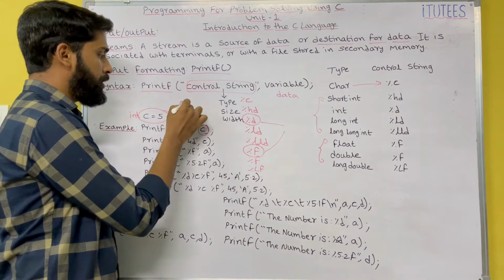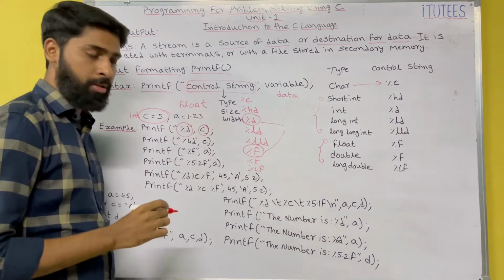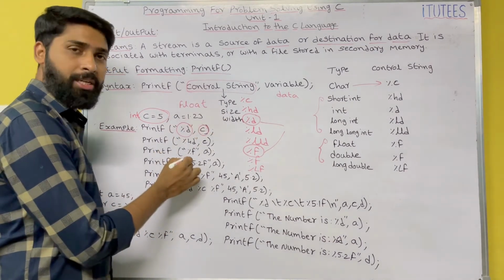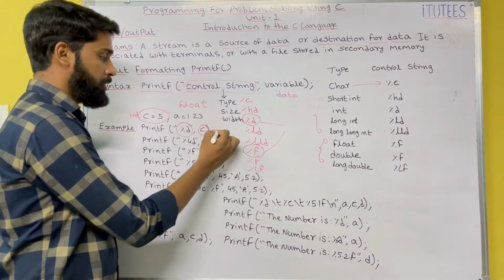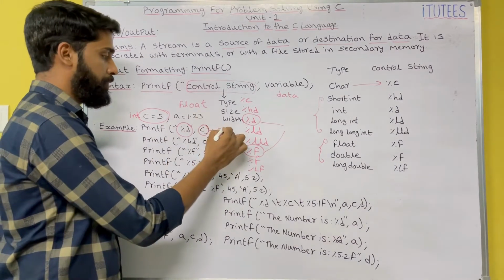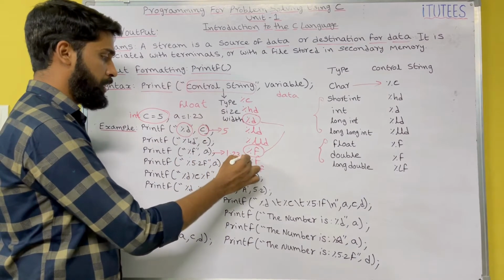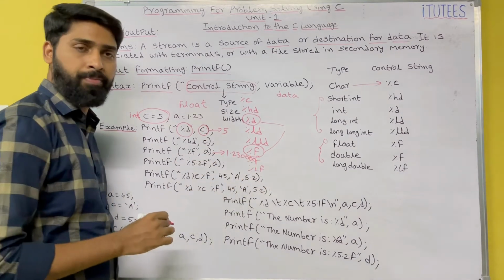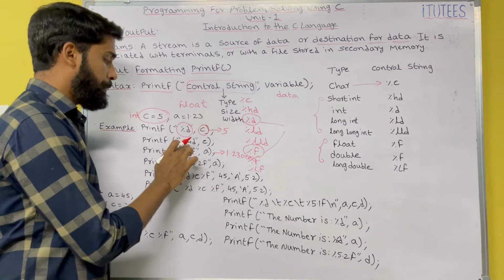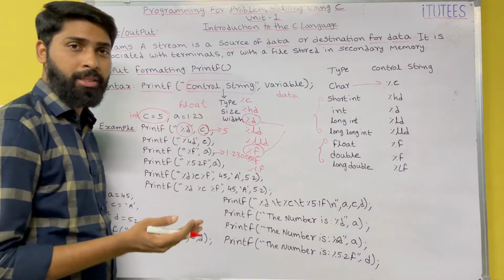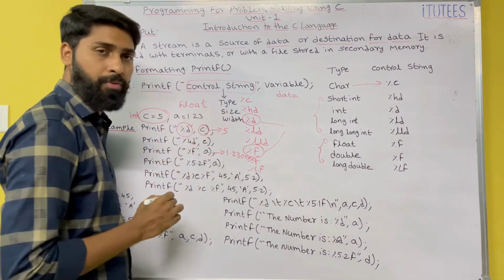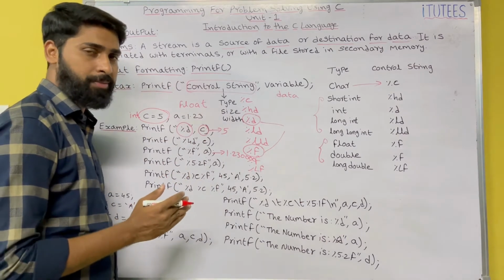And a is float, so printf %f a. For this the output is 5, and for this the output is 1.230000.